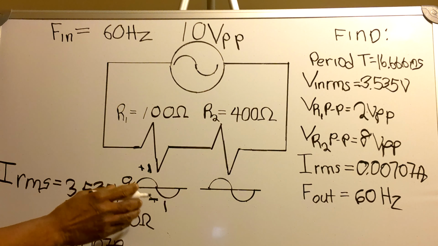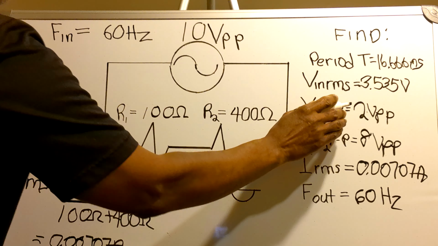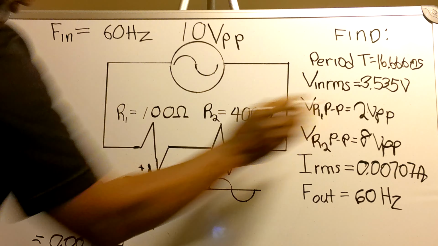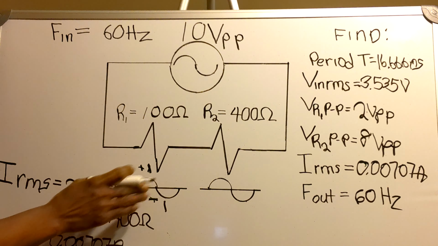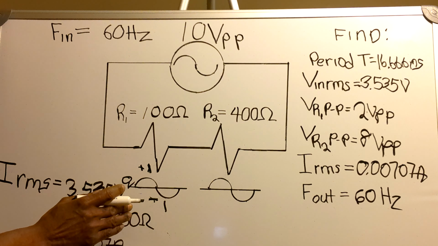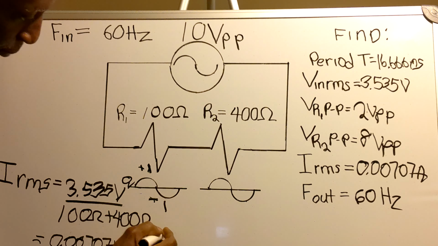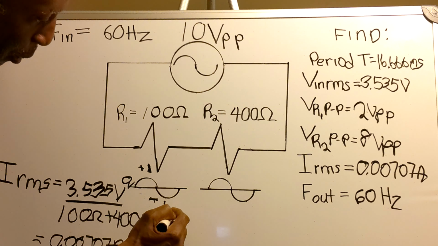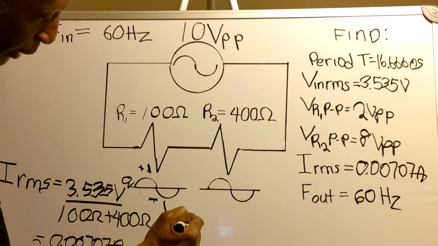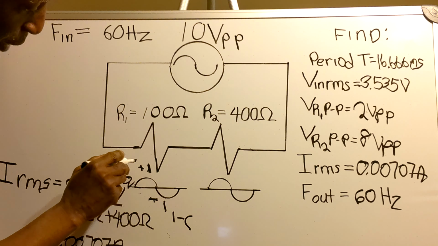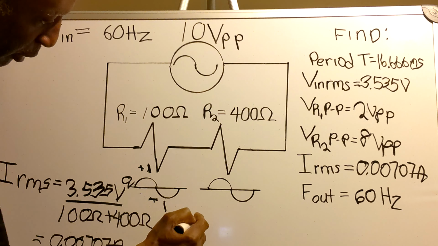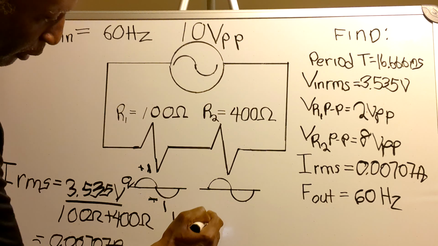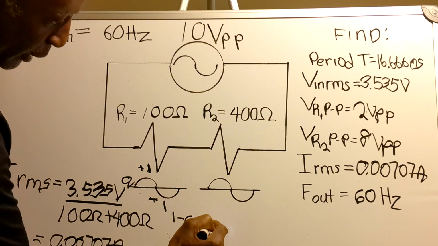So how do I get 2 volts peak to peak out of this? Because plus 1 plus or minus 1 equals 0. Well, this is what to do. You go 1 minus the plus 1 minus minus 1. That equals 2.